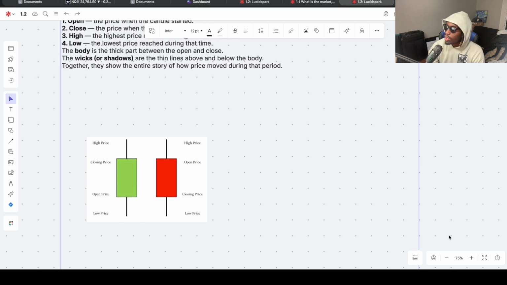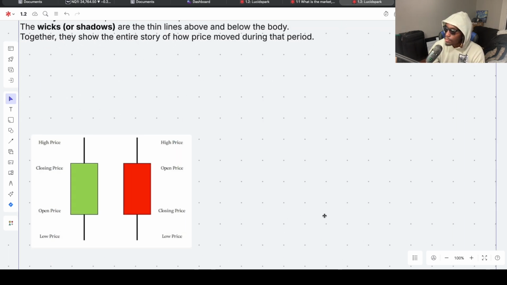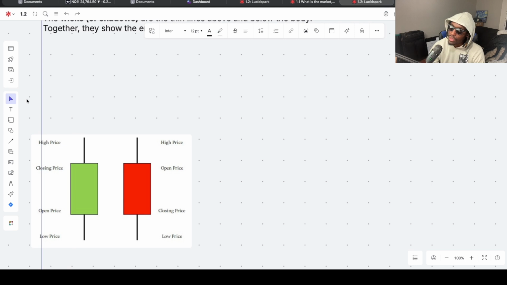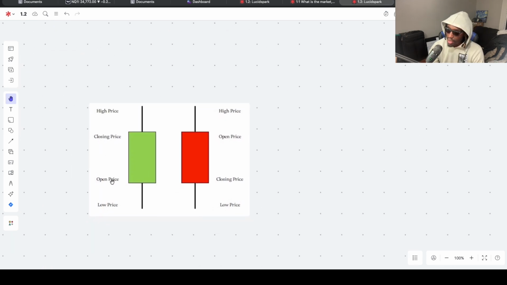So if we're looking at a bullish candlestick, you have to understand that the candle opens up down here. This is the opening price. So pretty much, if a candle opens somewhere and then it ends up closing higher than where it opened from, that candle is going to end up being a green candle.